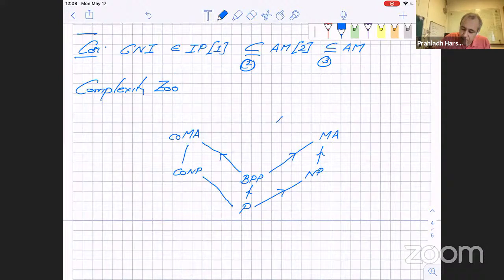Then there's this class AM, which I said contains MA. And therefore there's similarly the class co-AM that contains this. And what did we see? MA, we further said, is contained in sigma 2. This is contained in pi 2.